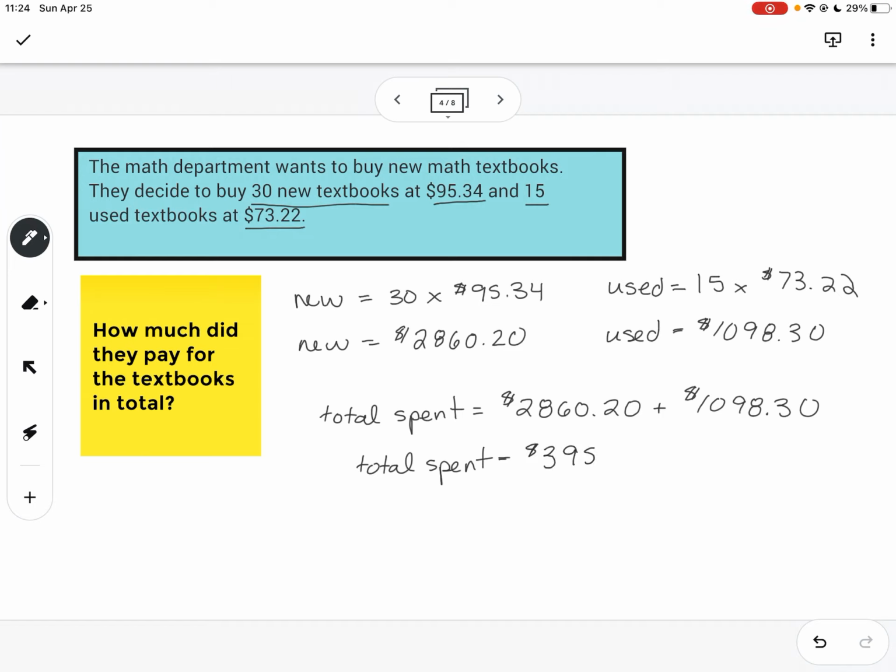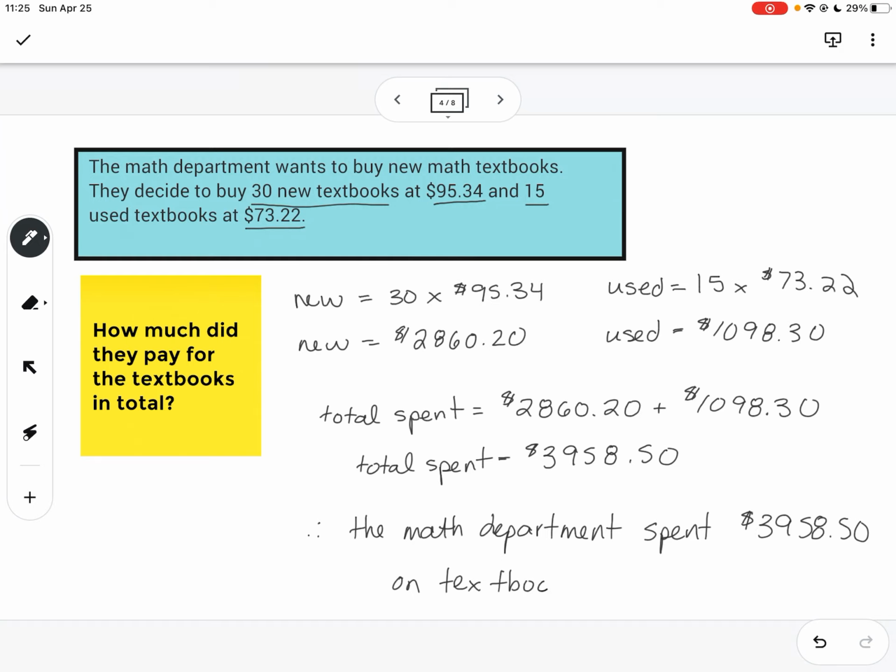So $3,958.50. So therefore, the math department spent $3,958.50 on textbooks. That's a lot of money.